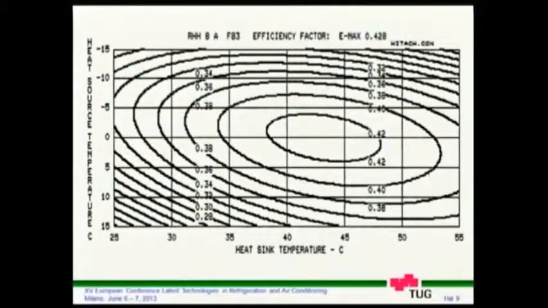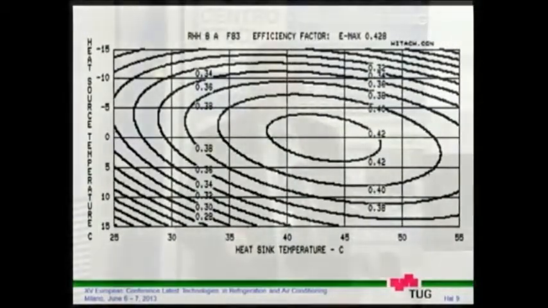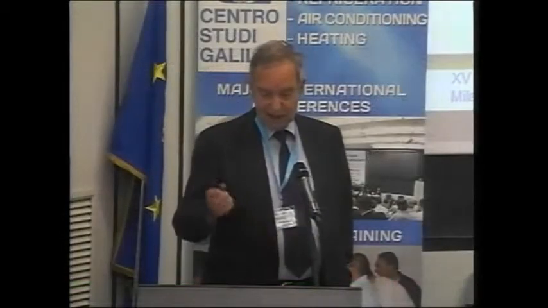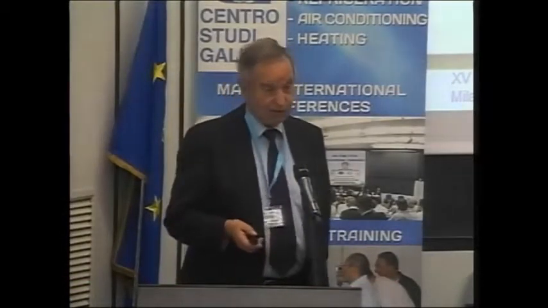That means the heat sink outlet temperature, the heat pump outlet temperature, and the heat source inlet temperature. And as you can see, this heat pump has somewhere its optimum. In this case, it's about 0.43, that means 43%.